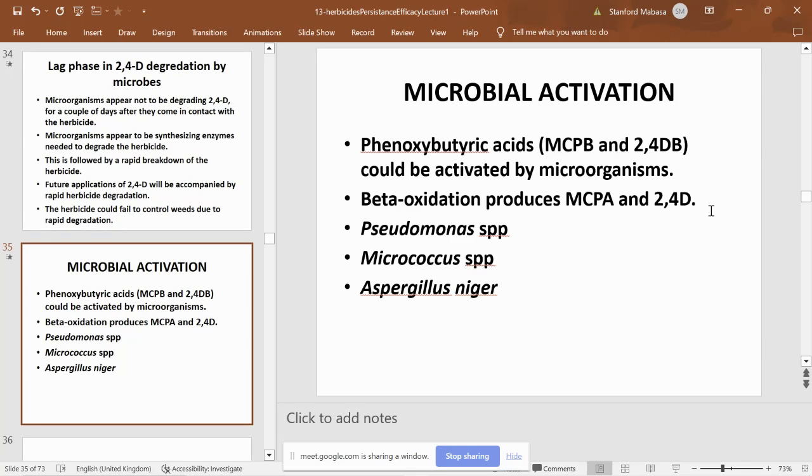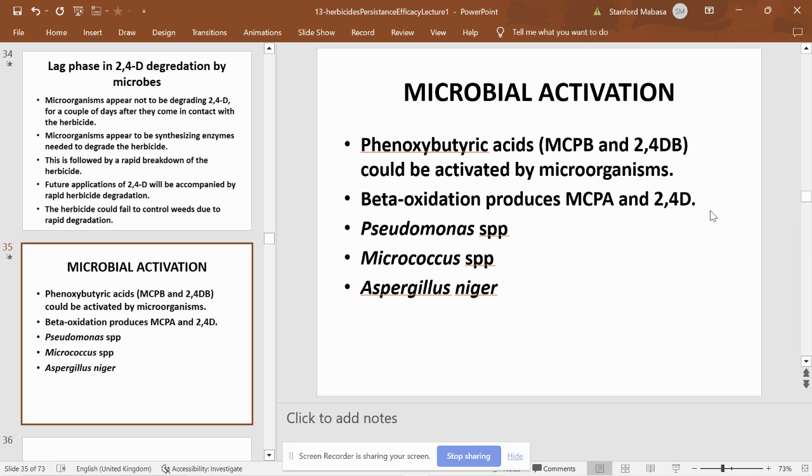There are also some microbes which can convert MCPB and 2,4-DB via beta oxidation to MCPA and 2,4-D. They make these substances toxic. We have got Pseudomonas species, Micrococcus species, and the Aspergillus niger, which can activate, we call it microbial activation.